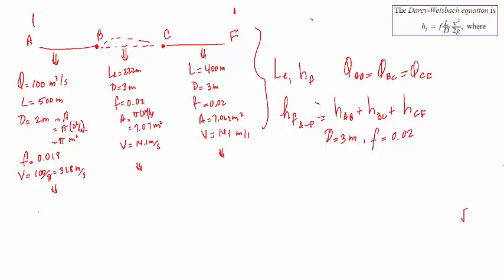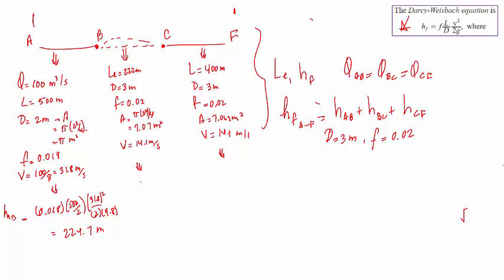So using Darcy, the head loss here from A to B is going to be equal to 0.018 times 500 over 2 times 31.8 squared over 2 times 9.81, and this is 224.7 meters of head loss.